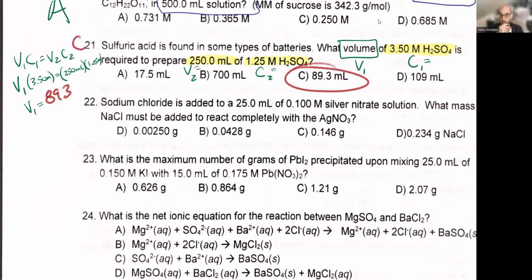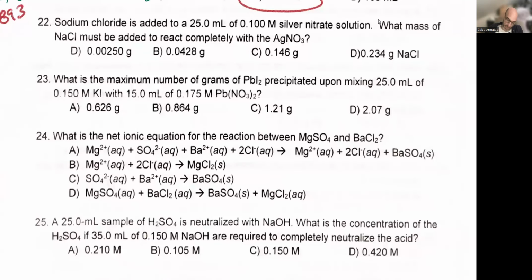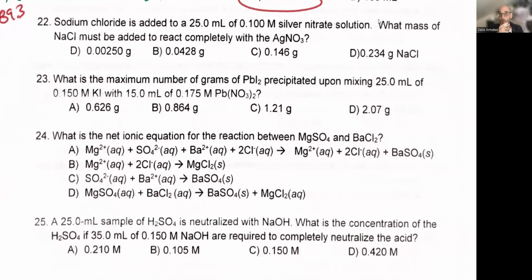C for 21. Okay. Looking at 22, sodium chloride is added to 25 mils of 0.1 molar silver nitrate. So we've got some information here. So 25 mils, that's volume, of a 0.1 molar silver nitrate.